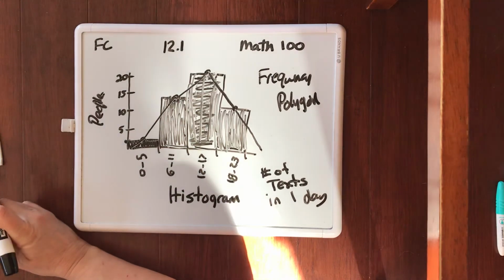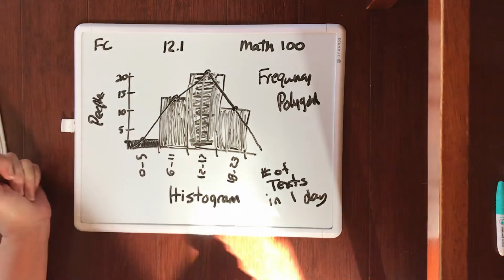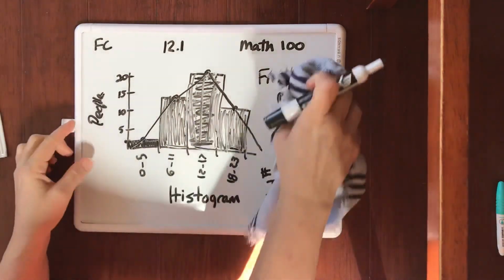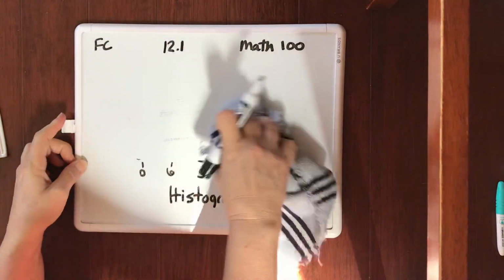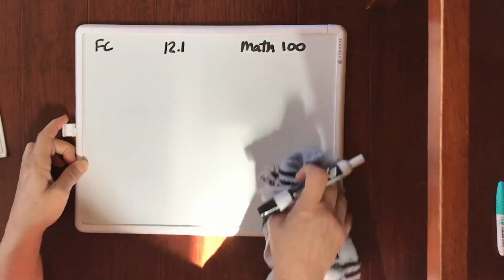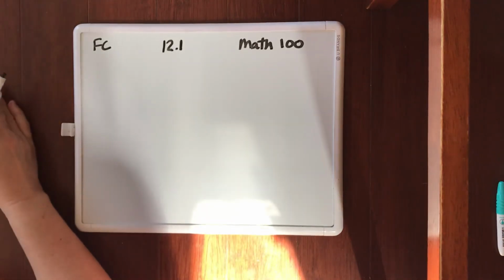Okay, so let me list the homework for this section. A lot of this homework is going to be on frequency tables, which we did in 12.2. Okay, and which we did some more of just now.